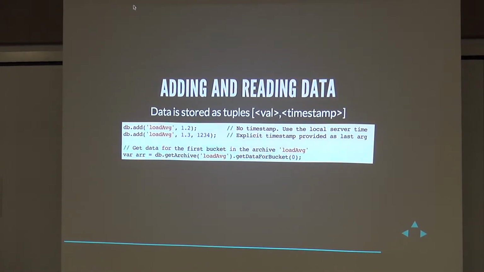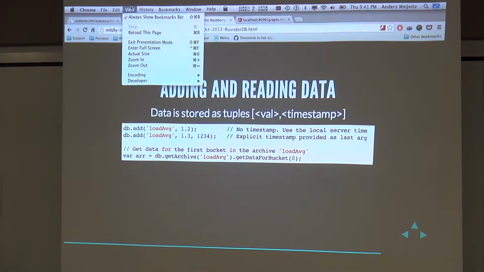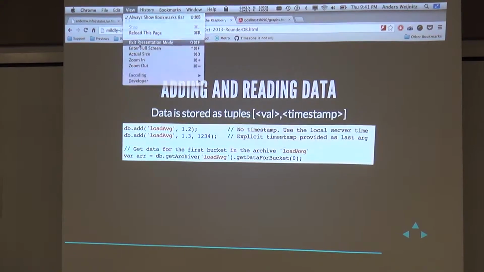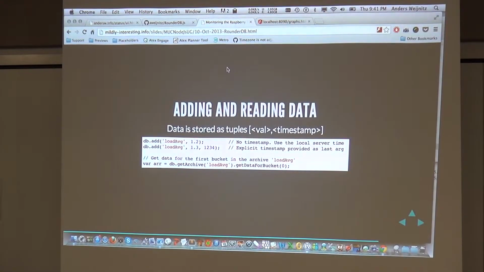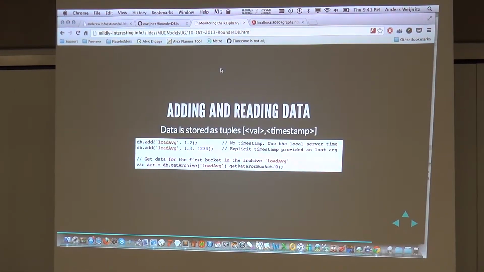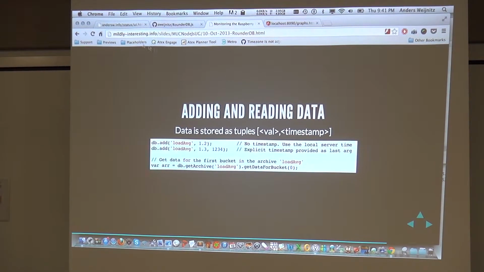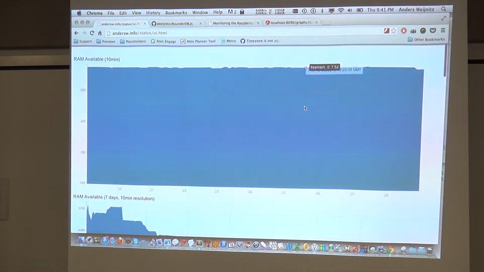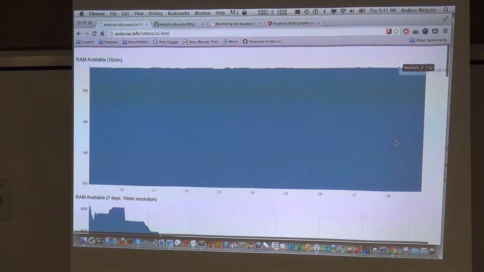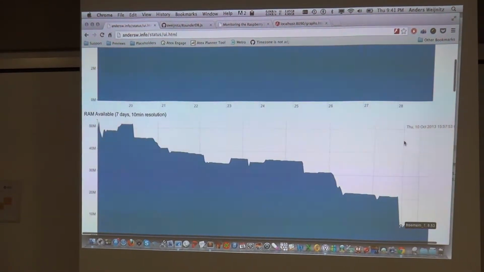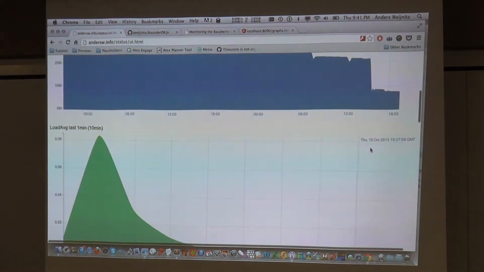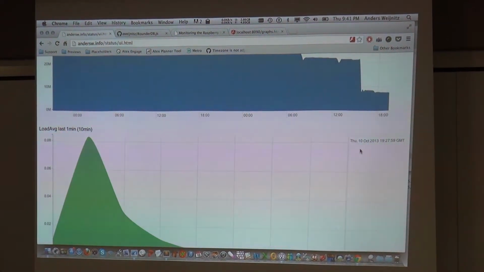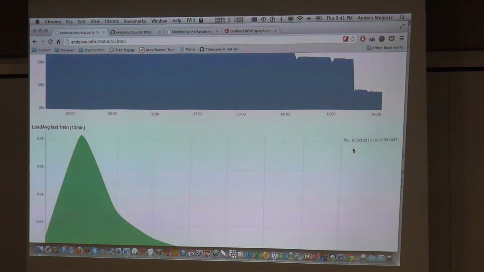So yeah, what does it look like? Let's start with what it looks like. This is what it looks like. This is my Raspberry Pi at home. So typically, this is the monitoring application, and these are the buckets that it's serving.